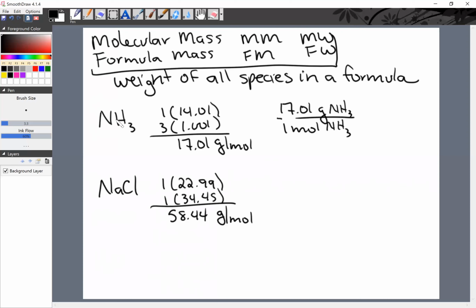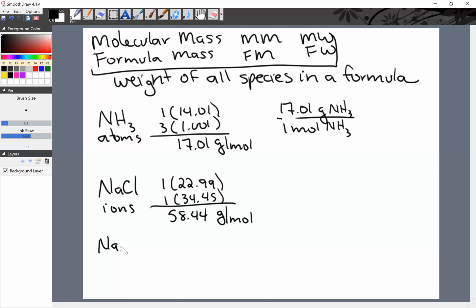Now, this one is made of atoms, and this one is made of ions, but the concept of the mole is exactly the same for all of them. All right, well, what if you have parentheses in your formula? Let's go sodium.